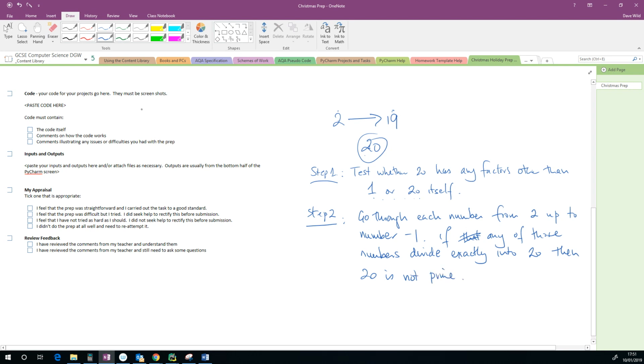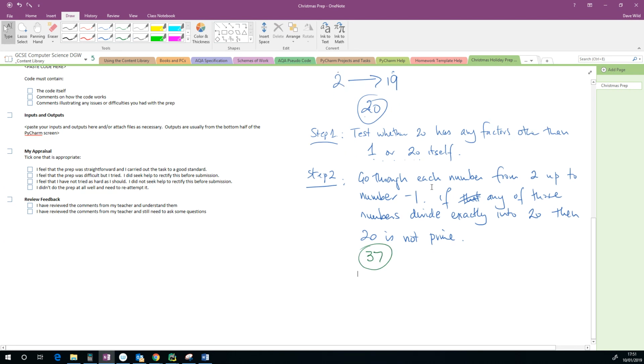Let's do another example to show you what we mean. Let's take the number 37. Now you might know whether or not 37 is prime. That's fine. It is prime, but let's try and figure it out. We're going to start at 2, and we're going to say, does 2 go into 37? No. Okay, so let's try the next one. 3.